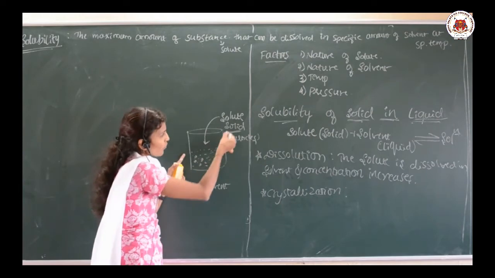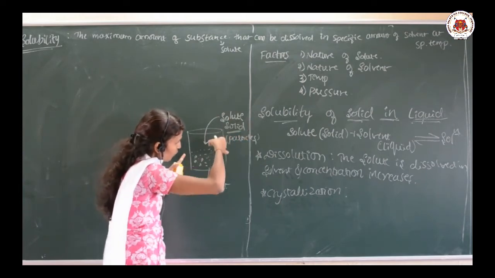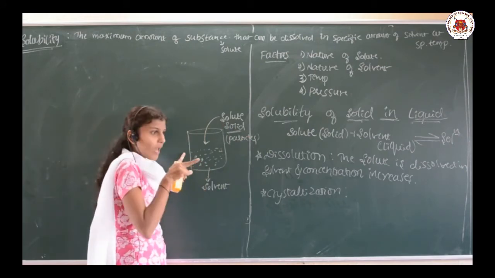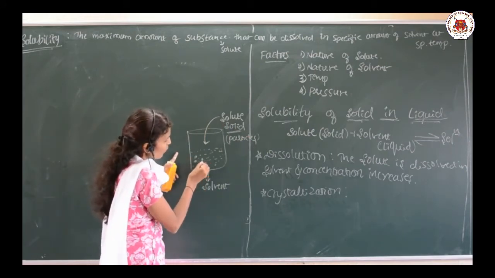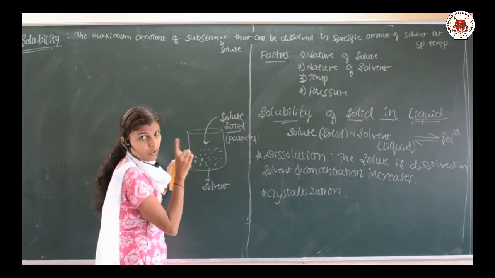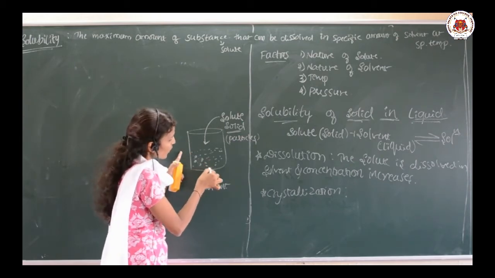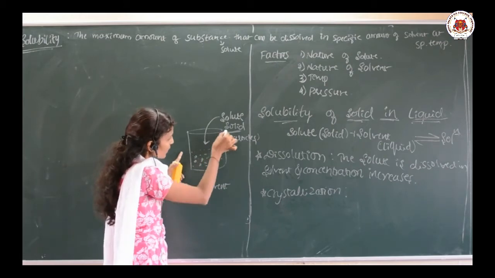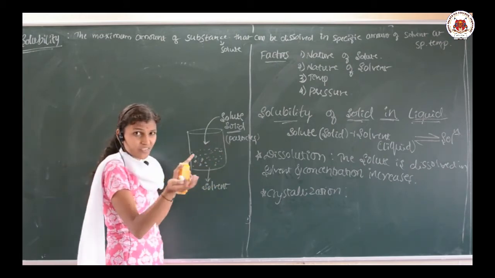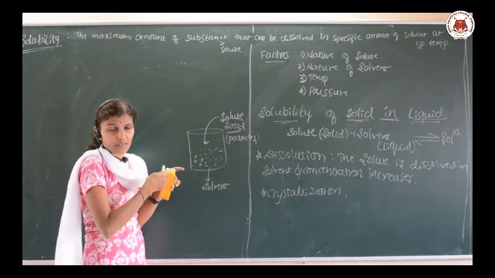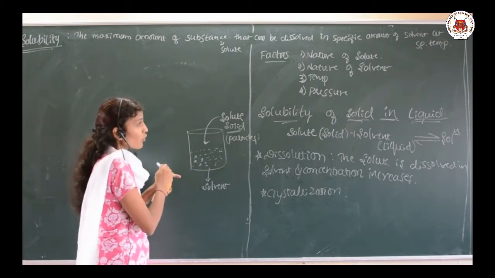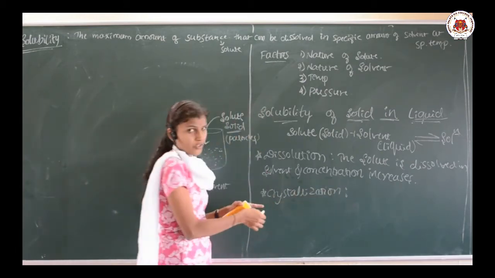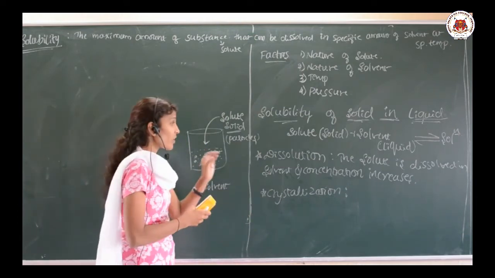So, what happens when I am adding this solid solute? The particles of the solid solute collide with the particles of the solution, that is solvent. When these two collide, there is a separation of those particles. That process is called crystallization.